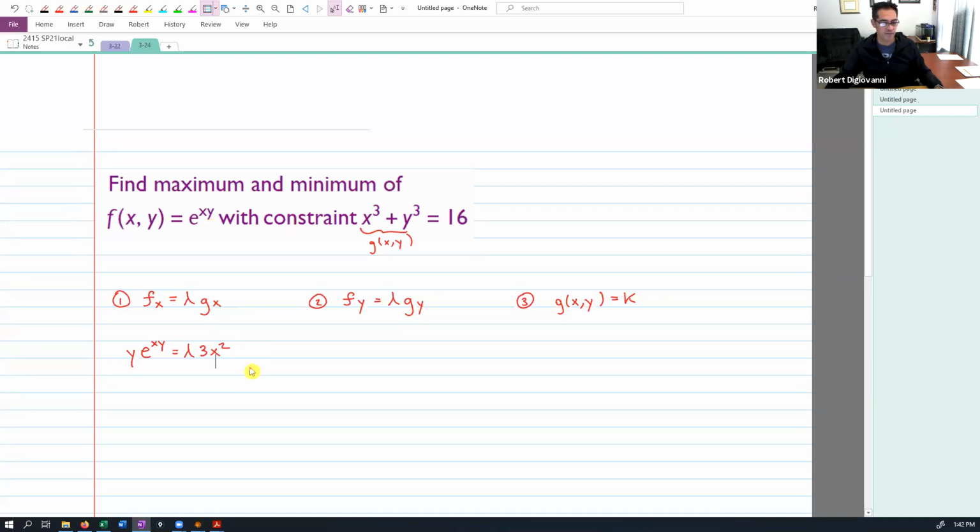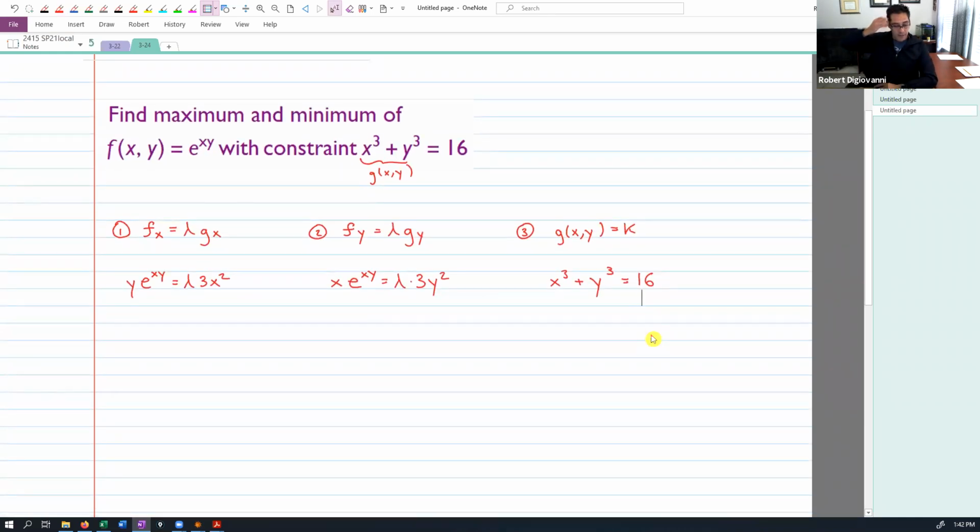Any questions there? The next one is x e to the xy equals lambda times the partial of g with respect to y, which is 3y squared. And then the last one is the actual constraint equation, which is x cubed plus y cubed must be 16.